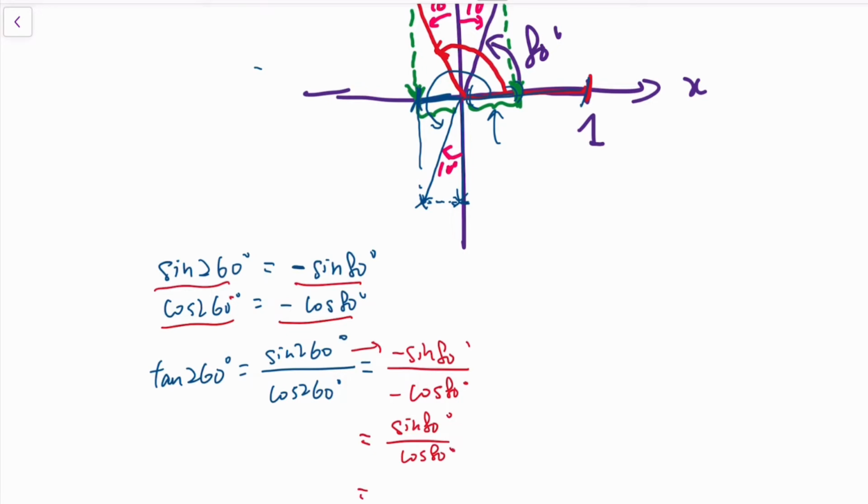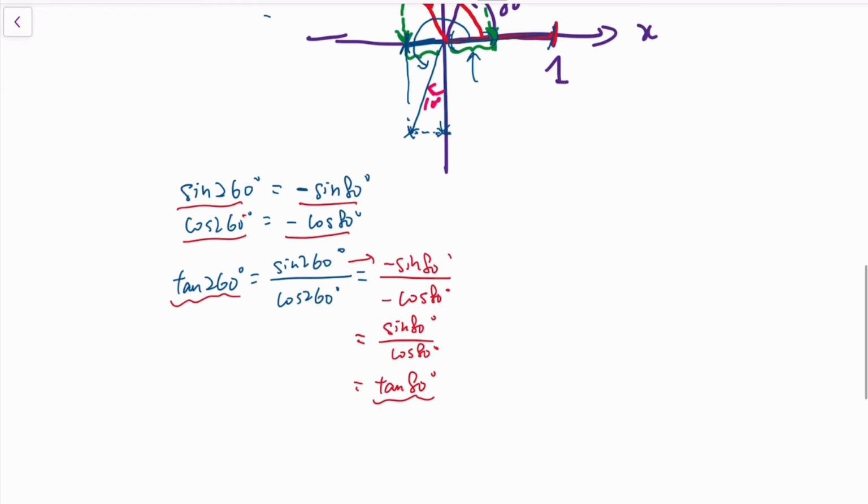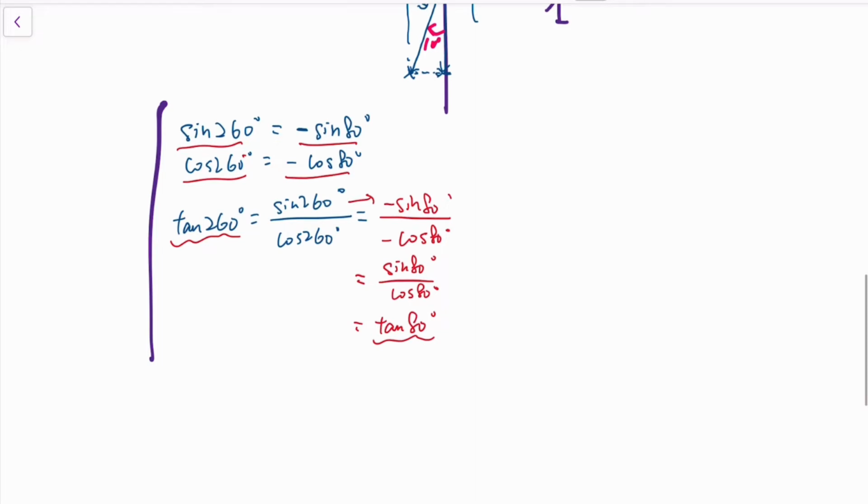But then by definition, sine over cosine is tangent. So it becomes tangent 80. So the full result for 260 is the fact that sine 260 is negative sine 80, cosine 260 is negative cosine 80, while tangent 260 is tangent 80. Now what happened is a nice pattern has come out, and this is always true.